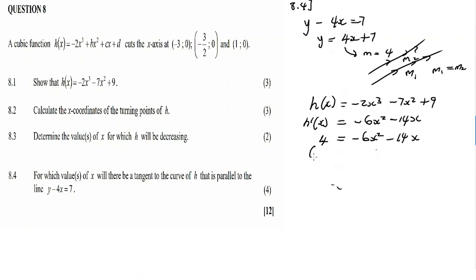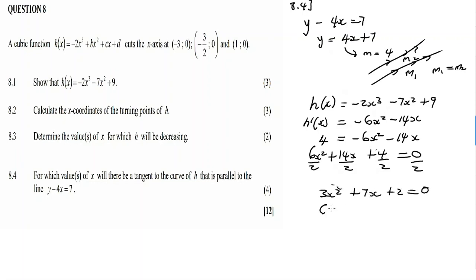So I have positive 6x squared plus 14x plus 4 equal to 0, and there's a common factor 2, so divide throughout. So 3x squared plus 7x plus 2 equal to 0.